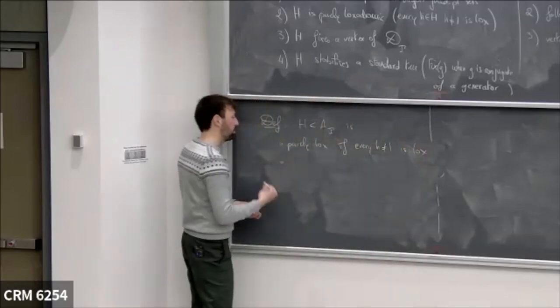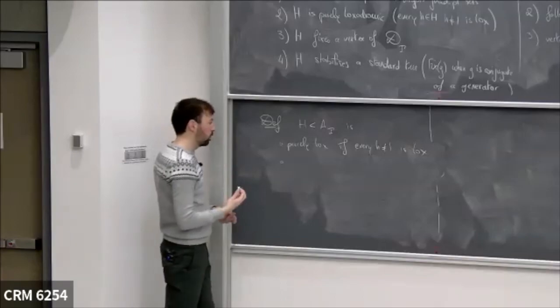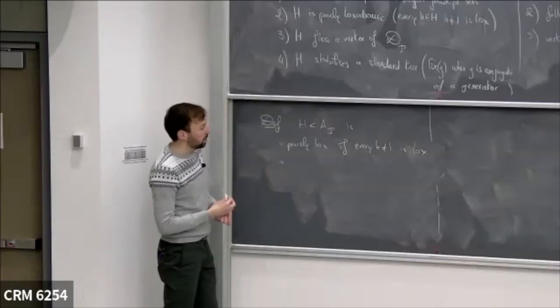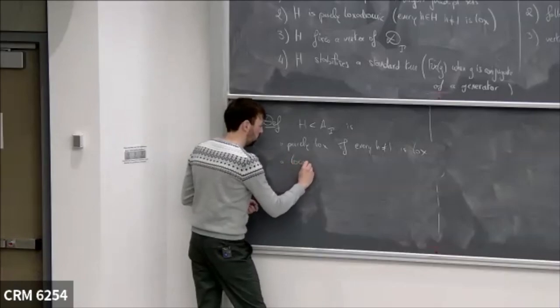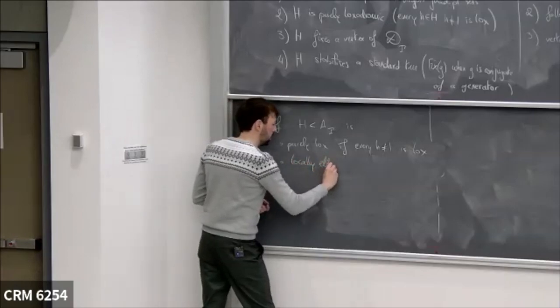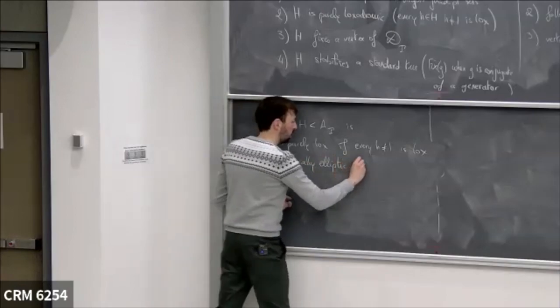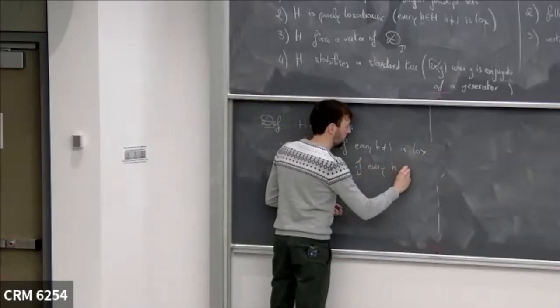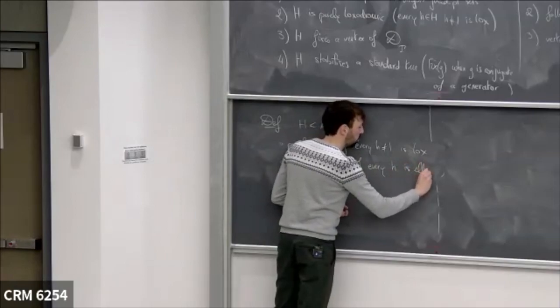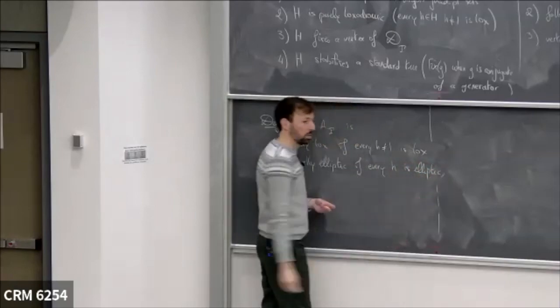There's the relative notion of purely elliptic, but now the terminology seems to be locally elliptic, so let's use that instead. Locally elliptic if every element is elliptic for that action. So in particular, every element has a fixed point.